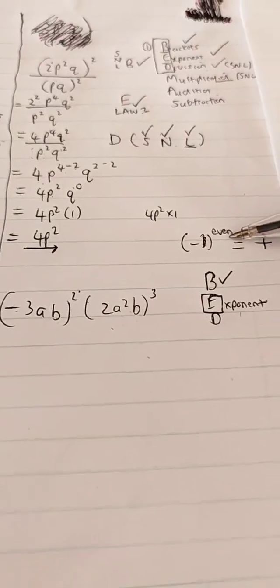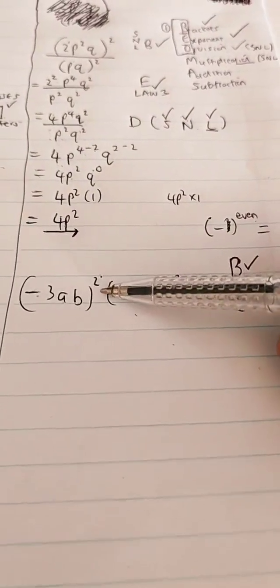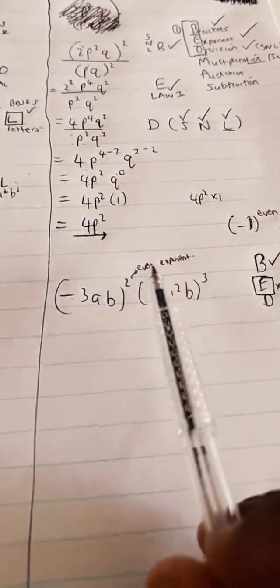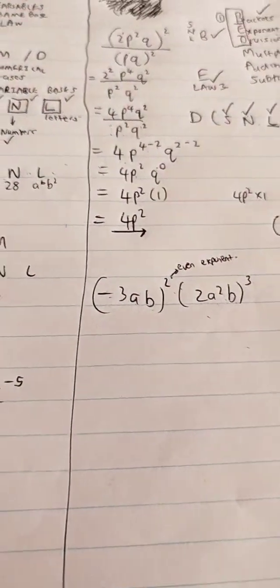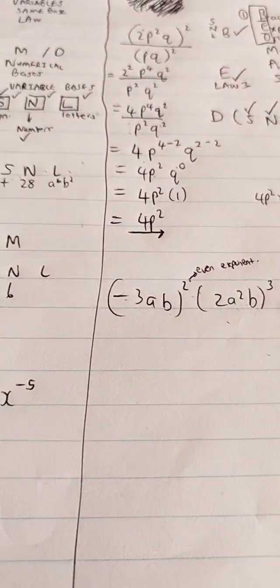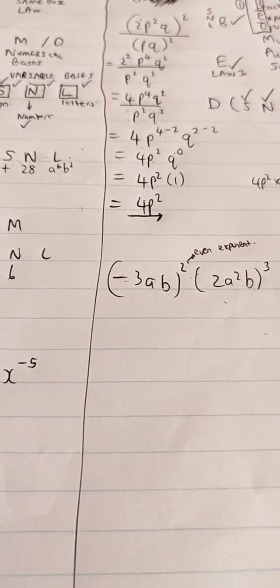An even exponent, this number 2, the exponent is even. So if the exponent is even and we apply it to a negative sign, that means the negative sign becomes positive. Hey guys, I hope you are listening to this.